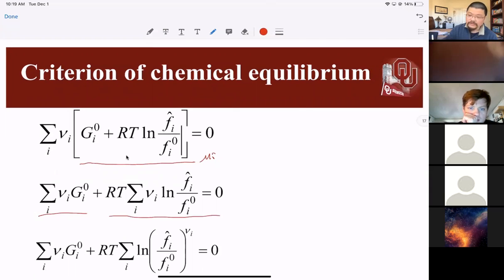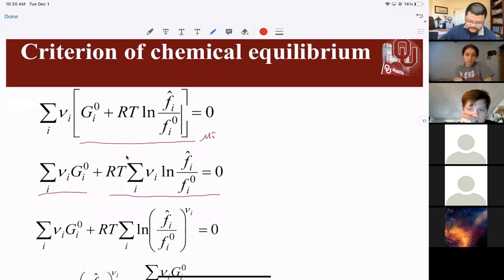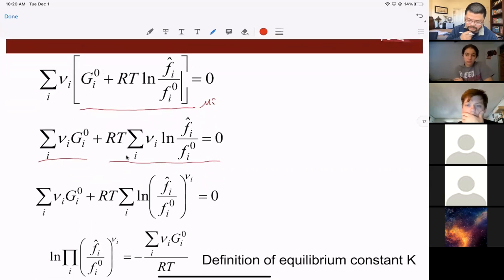Now I'm going to have the two terms over there, right? And then I'm going to further reorganize this. I'm going to put the nu I as the exponential term, so I'm going to put that into the log equation. Now I have nu I over there.